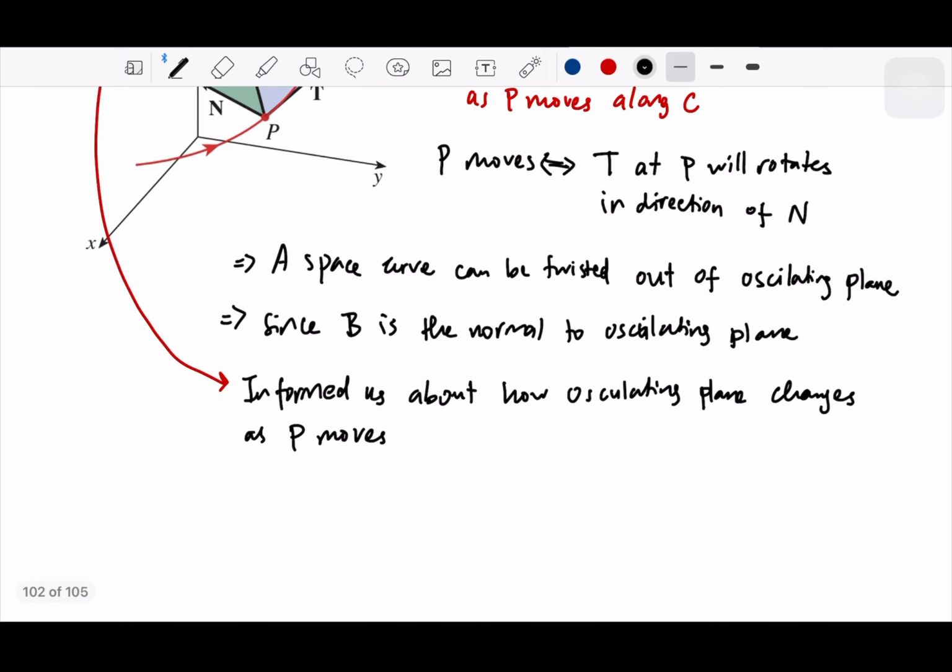And we can write that dB over ds is equal to negative, I think it's not really clear, maybe bigger. Okay. This is the torsion.